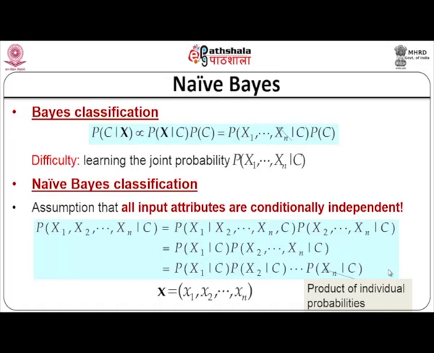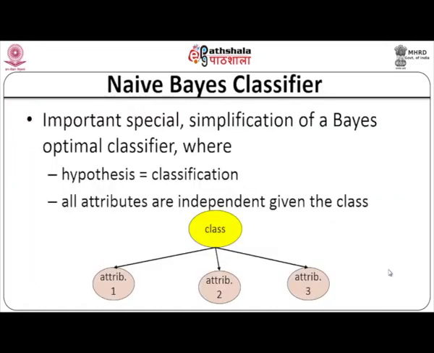Finally, you get the probability of the first attribute given C, the probability of the second attribute given C, the probability of the third attribute given C, independently. So, now you have reduced this to a product of individual probabilities of each attribute given C, rather than the joint probability of all attributes given C. This is the very important conditional independence assumption that we make for naive Bayes. Okay. So, let us again re-emphasize this.